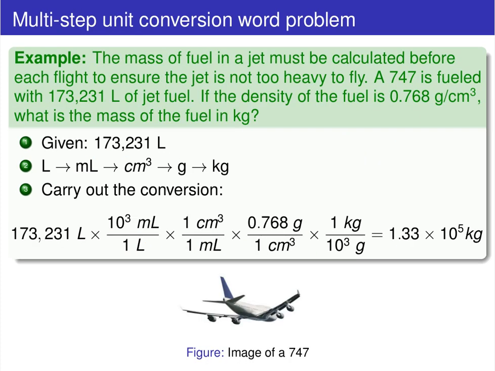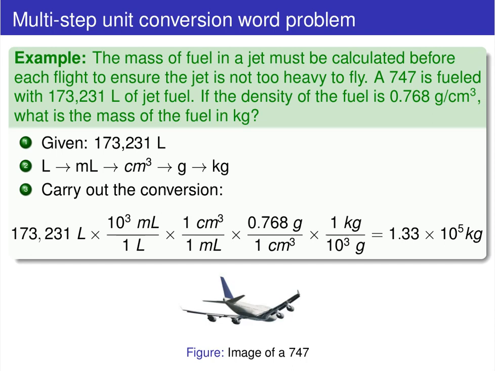And so one final problem here, just so that you can see as many example problems as possible before you move into your own problem-solving activities. Another example involving volume. We've got a jet, and we need to make sure that we know how much fuel is in that jet.